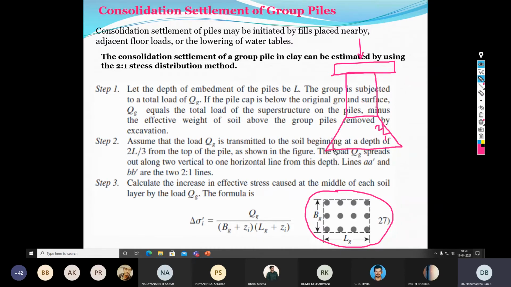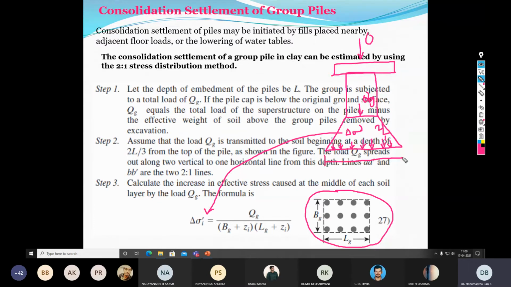Now suppose at this point, how do you determine the increase in stress, that is delta sigma dash? The load is Q, the total pile capacity is QG. Now how much of this QG shall be considered at any given depth in case of the consolidation settlement? This is very simple. The total load divided by the cross-sectional area.